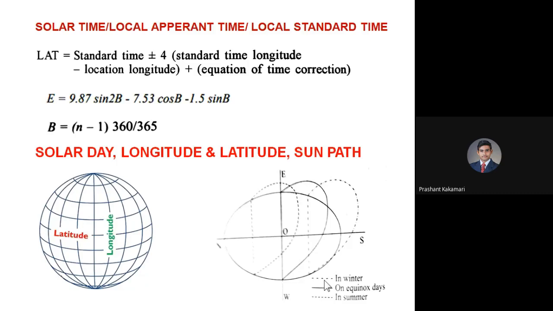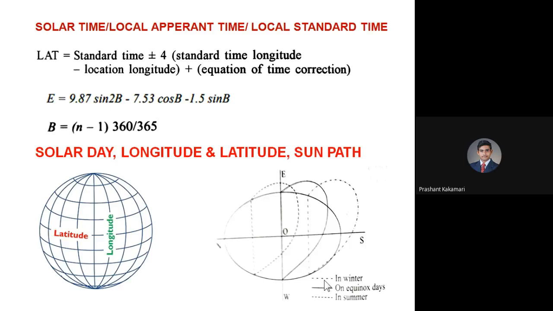If I measure those timings, there will be a 4-minute change as per the solar path. But as per the clock, throughout India we follow one time. So as per the sun, there will always be a change in the timing as per the sun path or sun movement.